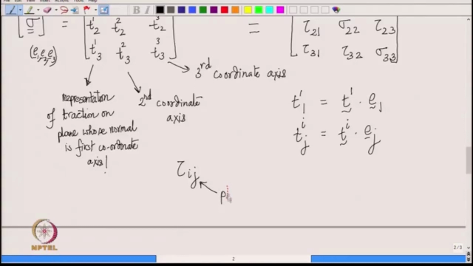So, this is to denote the plane normal. Whereas, the first index is used to denote the direction or the component of traction.